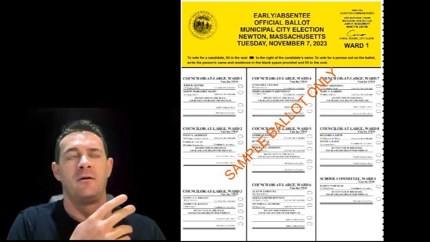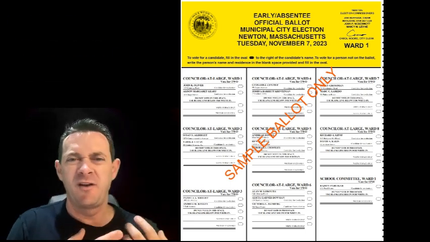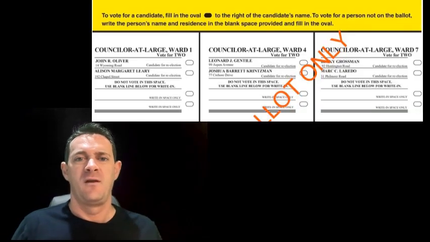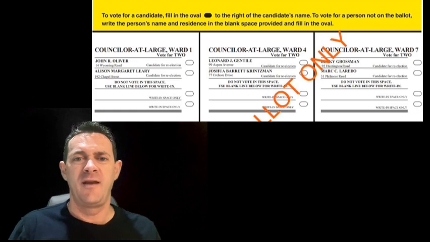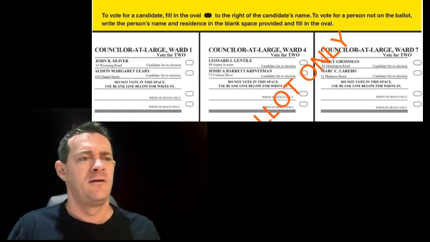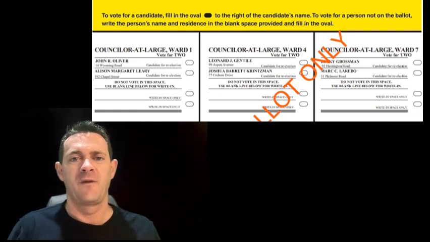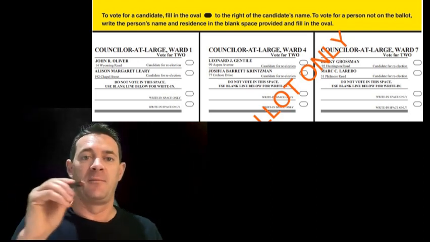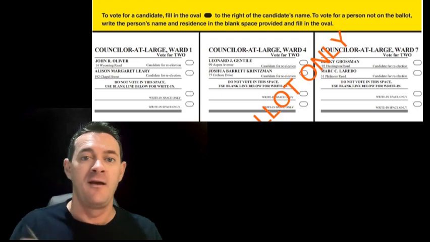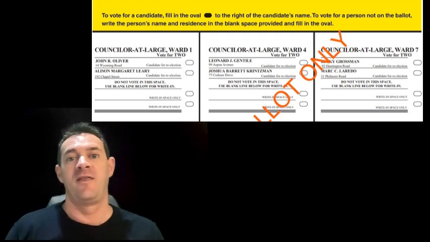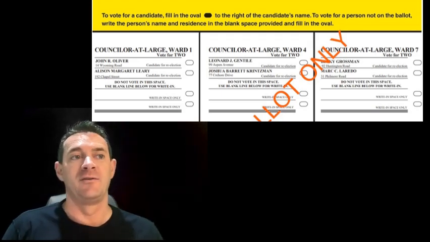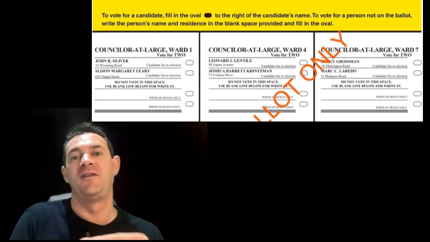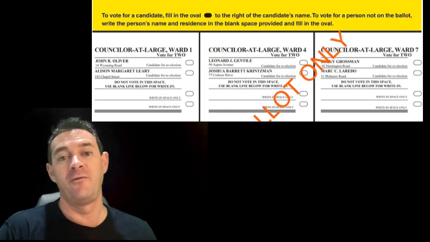Okay, so we got this ballot. What are these ovals for? Let's take a closer look. We had those names and these ovals. That's where the voter, if they're doing it on paper, takes a real pen or marker and fills in that oval next to the name of who they want to vote for.